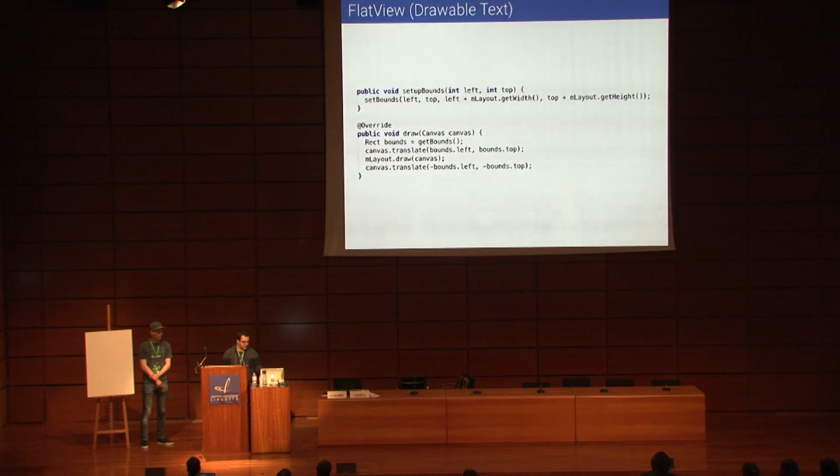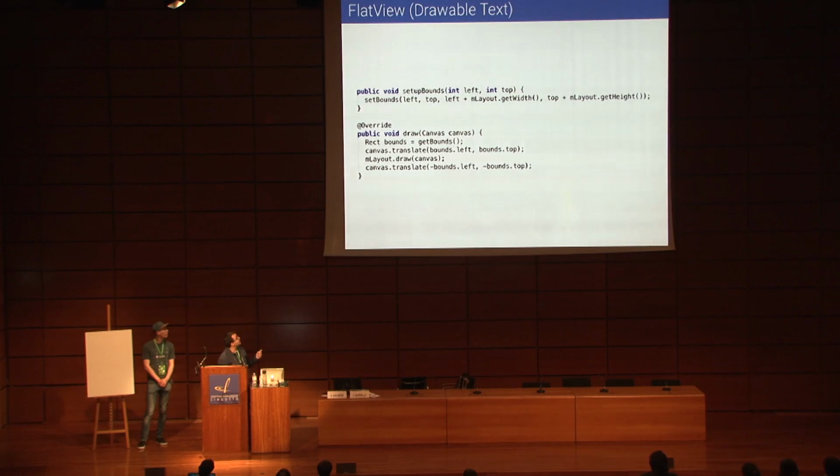And the other thing is that text layout is not a drawable. So it doesn't give you all the nice things of bounds and just drawing on the canvas. If you call draw on a text layout itself, it will simply draw in your canvas at position 0, 0, and that's not really what you want.